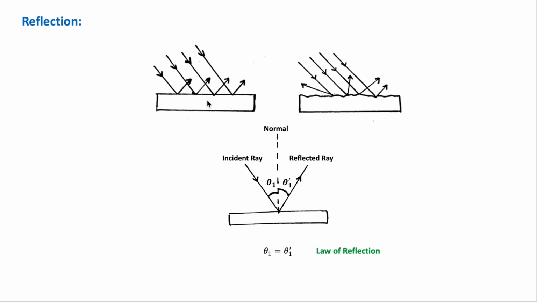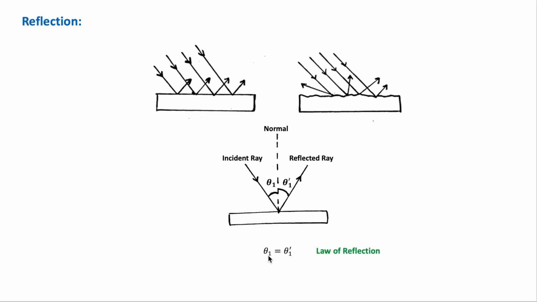So let's consider a light ray traveling in air and incident at an angle of θ1 to the normal of a smooth surface, okay? So experiments show that the incident ray, the reflected ray, and the normal to the surface all lie in the same plane. And also it shows that the angle of reflection is equal to the angle of incidence.